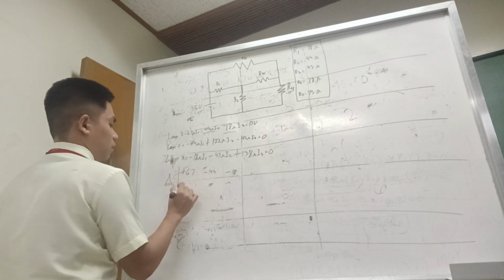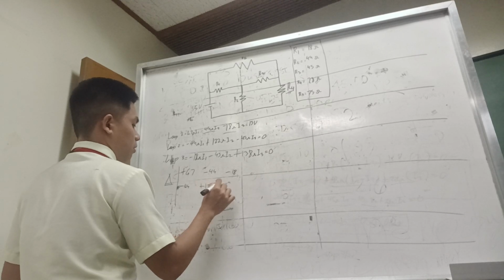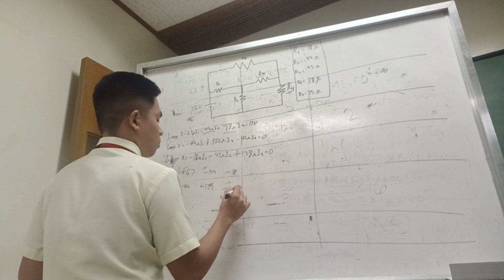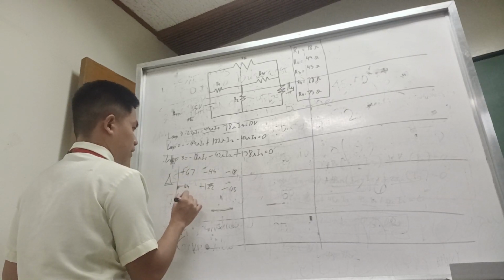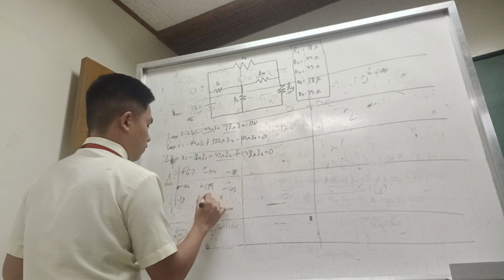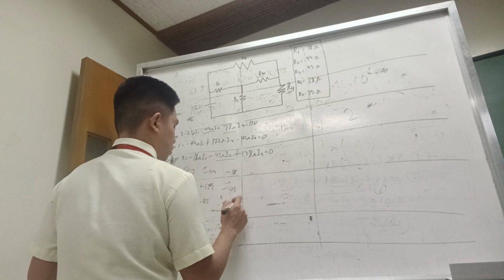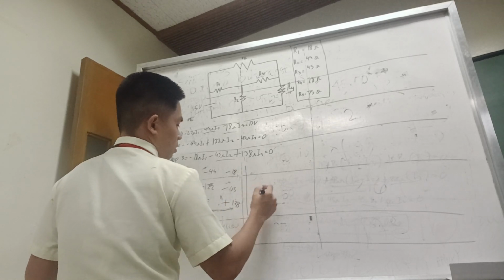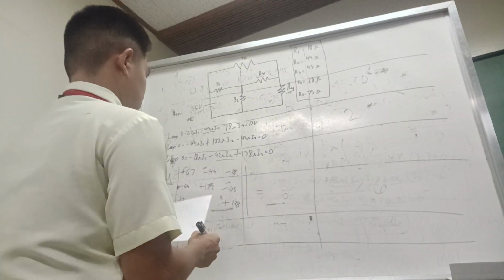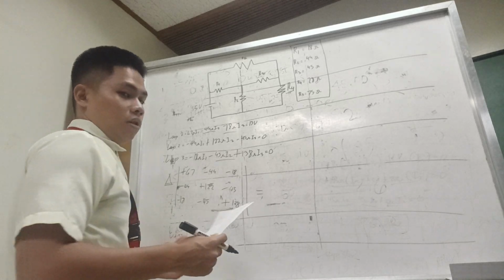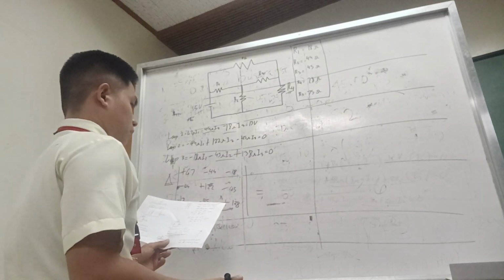Now for loop 2, negative 49, positive 112, negative 45, and for loop 3 is negative 18, negative 45, and positive 138. So we need to do this. The answer for all of this, I will give you all the processes after this part.